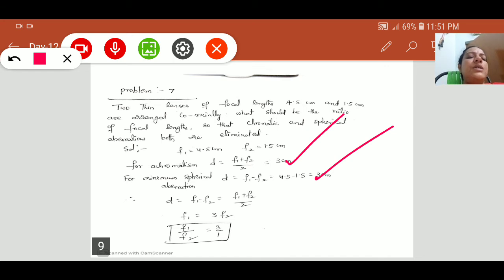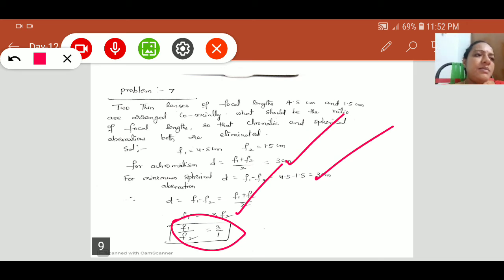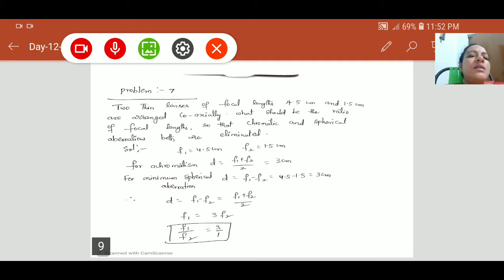By making these two equal, f1 minus f2 is equal to f1 plus f2 by 2, the distance. So f1 is equal to 3 f2. The ratio of focal lengths f1 by f2 is 3 by 1. Simple and easy, a simple and twisting problem. This is how to solve it.